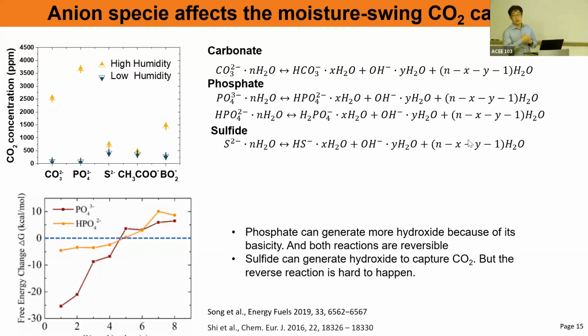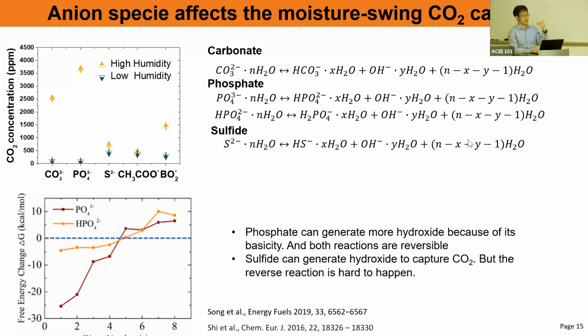Let's go back to the reaction. To have moisture swing behavior, the resin captures carbon dioxide because it has a hydrolysis reaction that generates hydroxide. But it needs to release carbon dioxide under high moisture, so the reaction needs to go backward. For phosphate, modeling suggests that they can indeed have moisture swing behavior, because both phosphate and monohydrogen phosphate have this type of reaction.